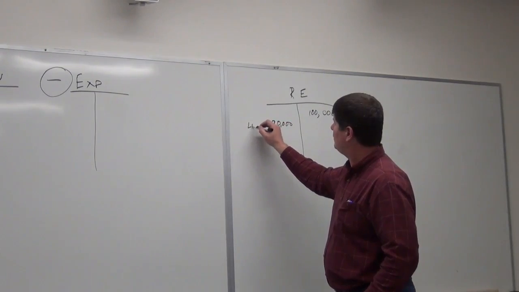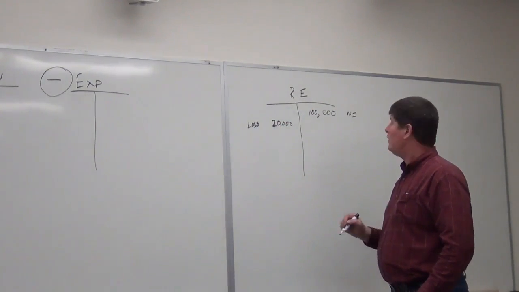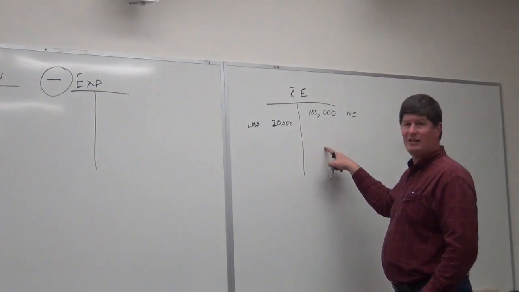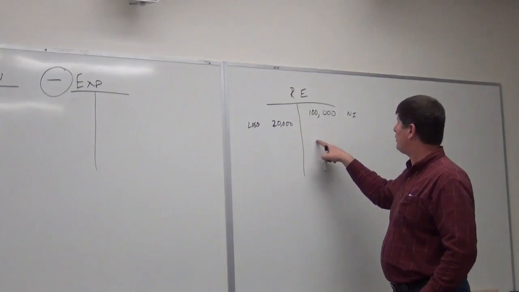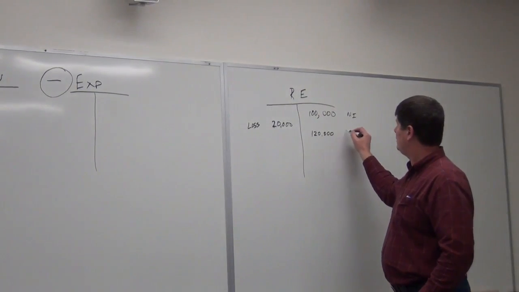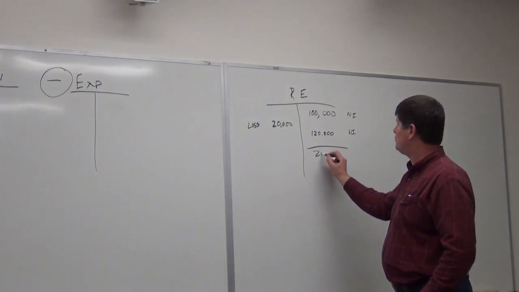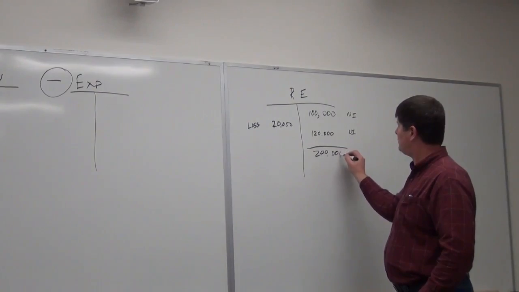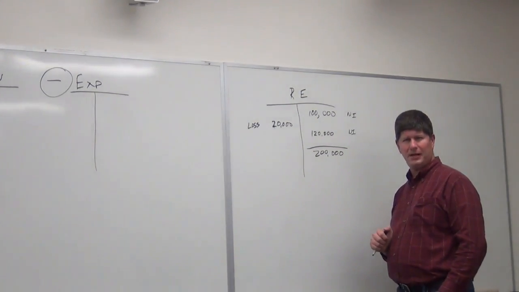This is a net loss. Our balance right now is $80,000 positive. Let's say in year 3 we have a recovery and we have a $120,000 net income. My balance at this point is $200,000 in retained earnings. With me so far?